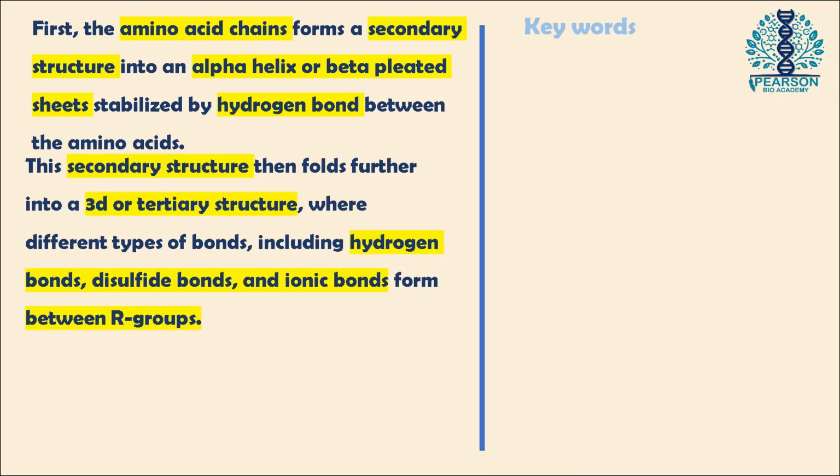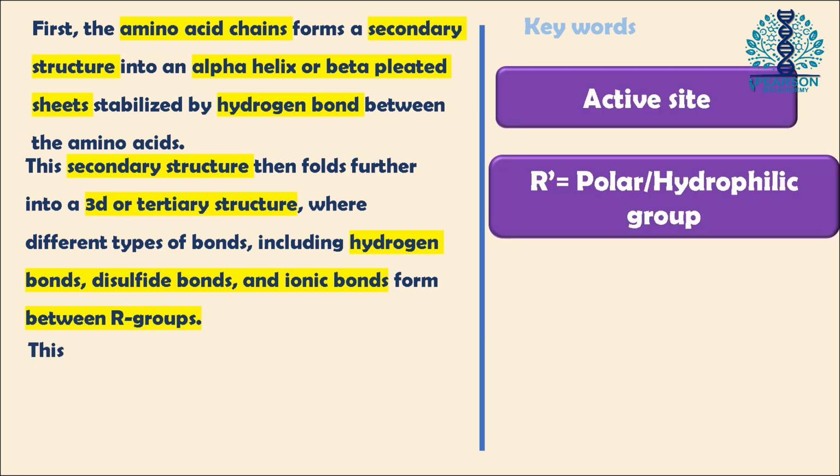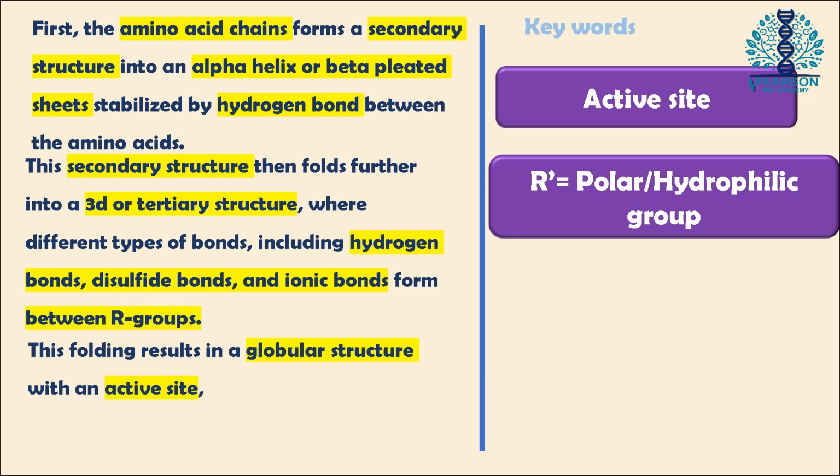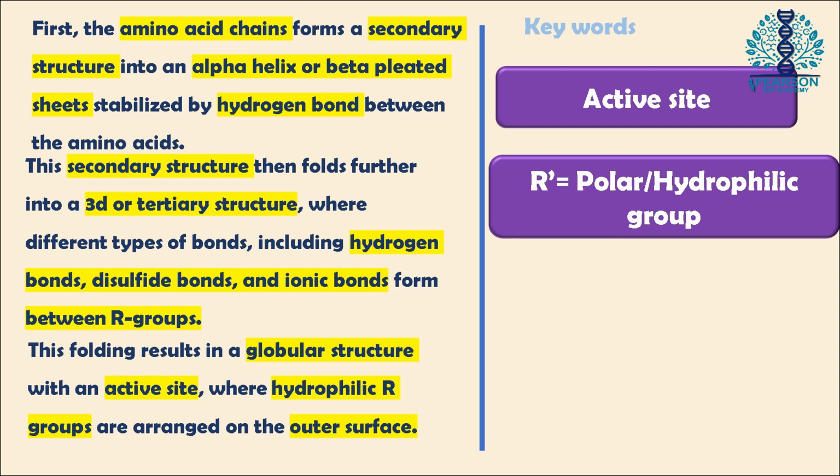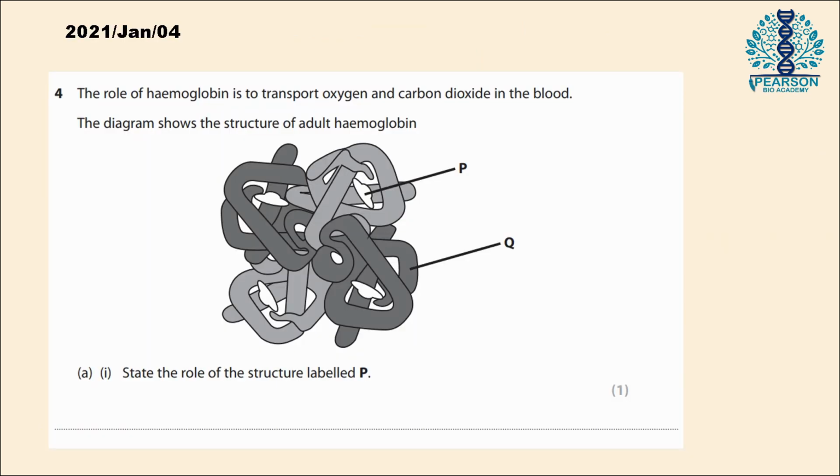The secondary structure then folds further into a 3D or tertiary structure where different types of bonds including hydrogen bond, disulfide bond and ionic bonds form between R groups. And this folding results in a globular structure with an active site where hydrophilic R groups are arranged on the outer surface. The next question is from 2021 January paper.